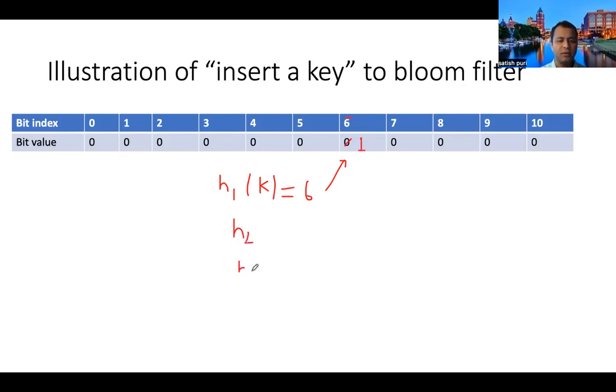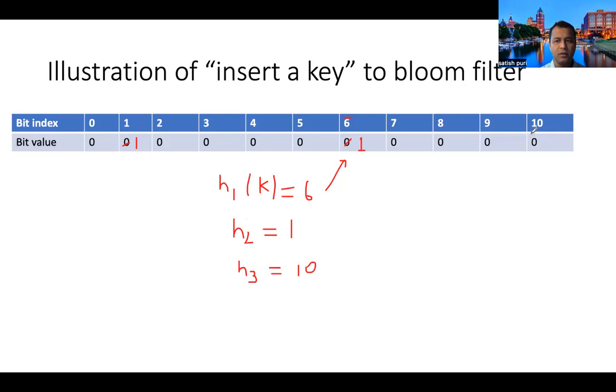Here I'm assuming that there are 3 hash functions, but this number of hash functions could be tuned. It's also fine to have only a few hash functions, and it will have implications on false positives and how well the data structure performs. All right, so hash function 2 will give you a value, let's say it gives a 1, so you will mark this as 1, and hash function 3, let's say, gives you a 10.